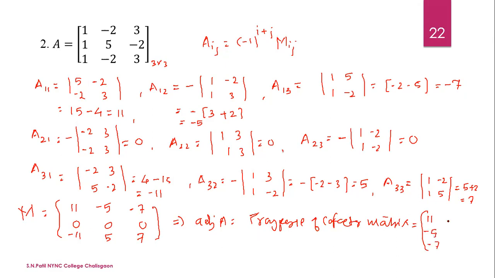Second row becomes second column: 0, 0, 0. Third row becomes third column: minus 11, 5, 7. This is the required transpose. This is the cofactor matrix, and this is the transpose of this cofactor matrix, which is the adjoint of the matrix. Okay.